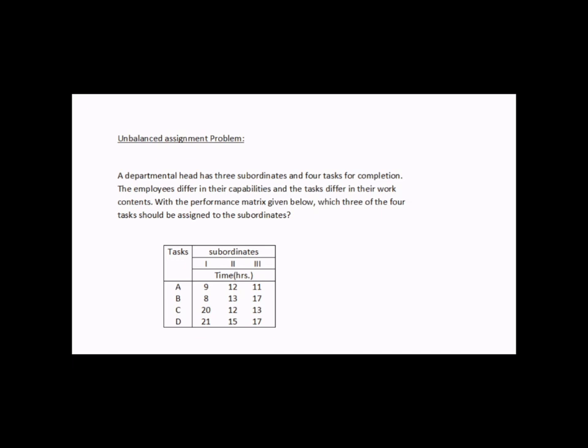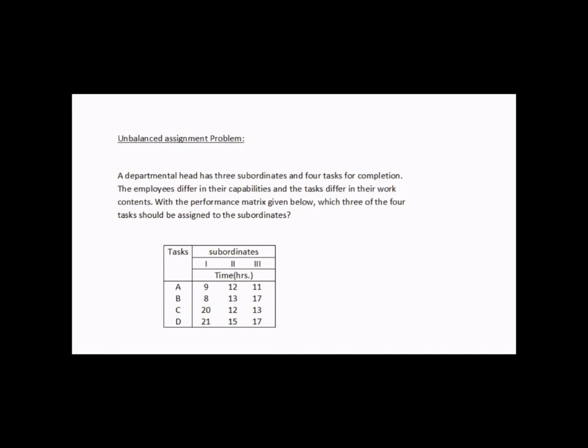To solve such problems, a dummy row or column equal to the difference between the rows and columns is inserted with zero cost. And once the problem has been balanced by the introduction of the dummy row or column, the usual assignment routine can be applied.